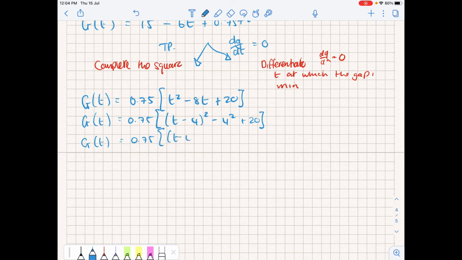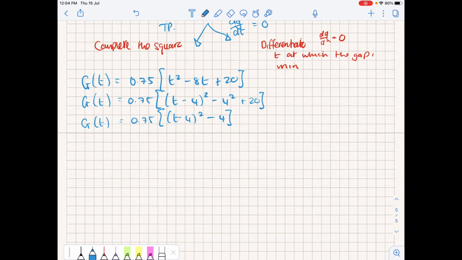So we have t minus 4 squared minus 4. Okay, we can now multiply that 0.75 back into our equation. That gives me 0.75 t minus 4 squared. And if we take minus 4 multiplied by 0.75, we get 3, and this is minus 3.